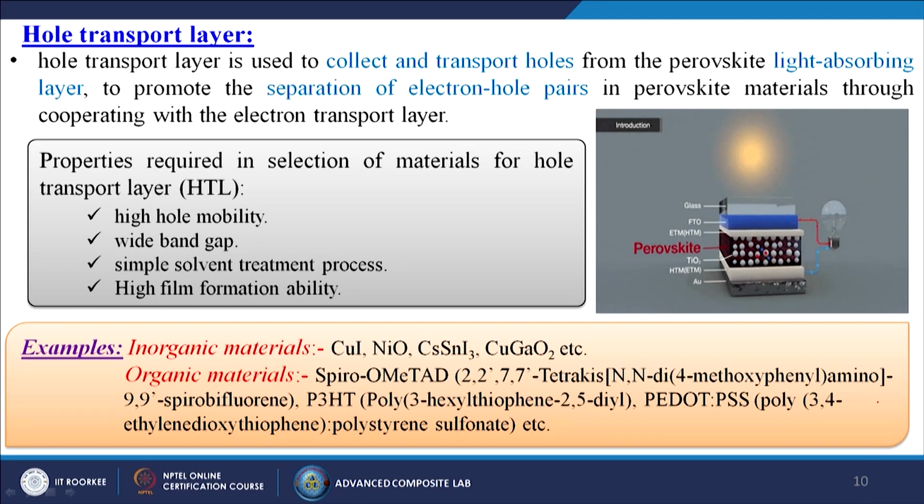What are the examples? Inorganic materials like copper iodide, NiO, CsSnI3, copper gallium oxide, and organic materials like spiro-OMeTAD, P3HT, PEDOT:PSS, or polystyrene sulfonate. These all are examples of hole transport layers.